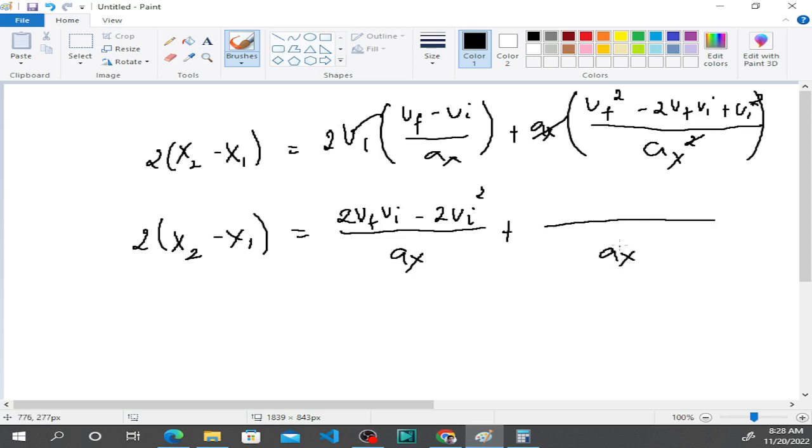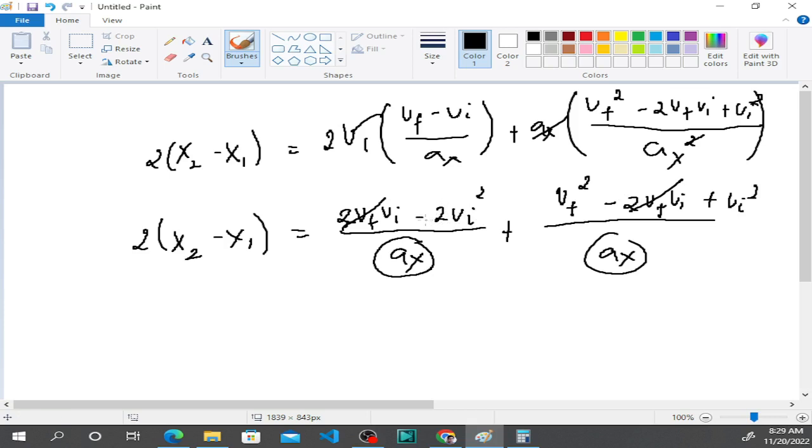so you have a_x. You will see that they are similar fractions, so you can add them together. So you have v_f squared minus 2 v_f v_i, and then plus v_i squared. Since they are similar fractions, you can add. This one, positive and negative, cancels out, and unlike signs, so we subtract them.